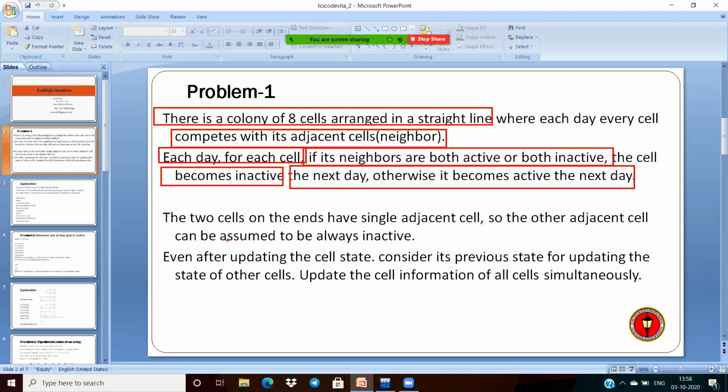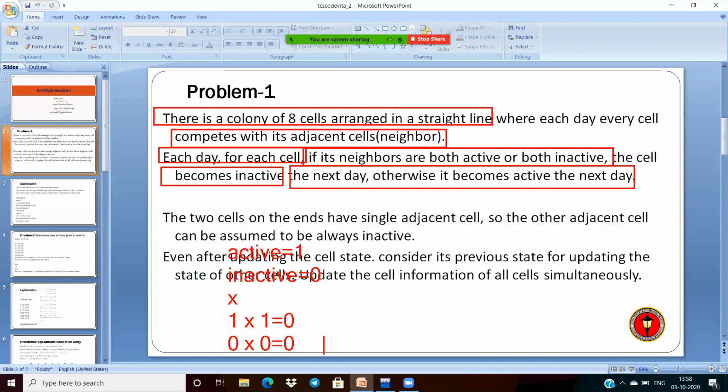In this scenario, we are assuming that active means 1 and inactive means 0. Suppose x is a person, and the neighbors of x are on the left side and the right side. If the left and right sides are both active, then the cell value is updated to 0. Similarly, if both neighbors are inactive, then the next day it is also 0.